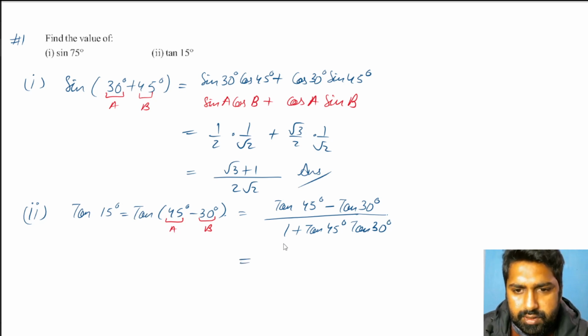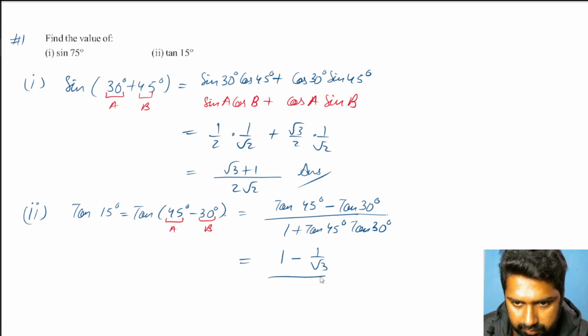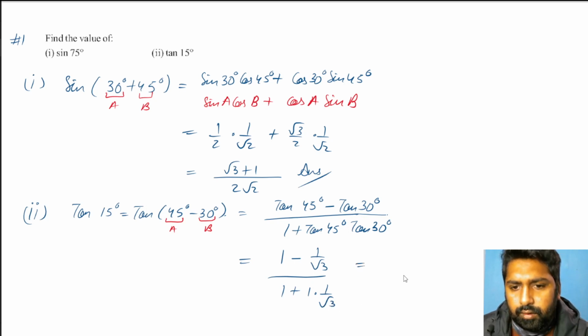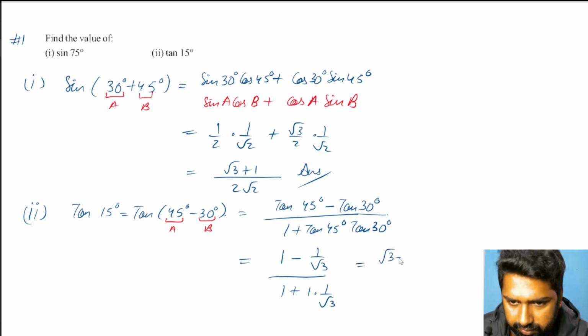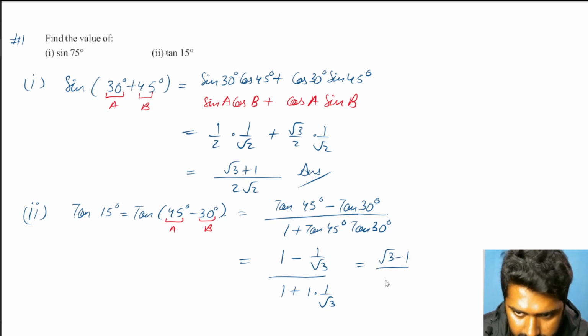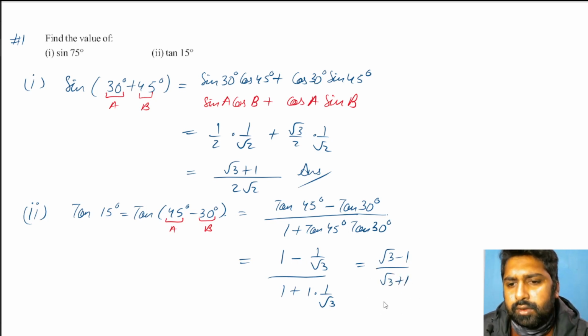Just put down the values. Tan 45 is 1, tan 30 is 1 by root 3, upon 1 plus 1 into 1 by root 3. Solve this, you will get root 3 minus 1 upon root 3 plus 1.